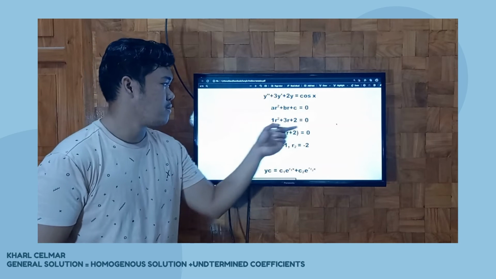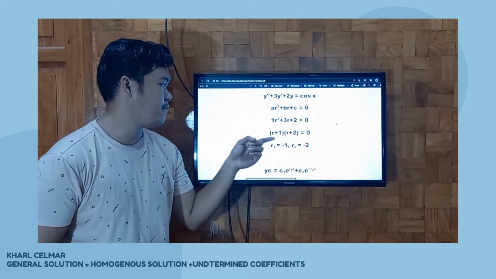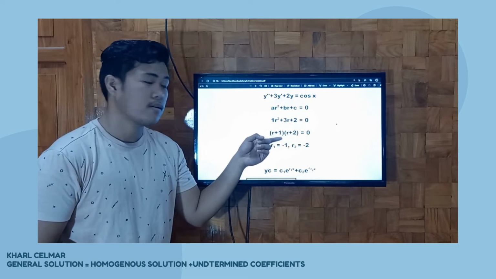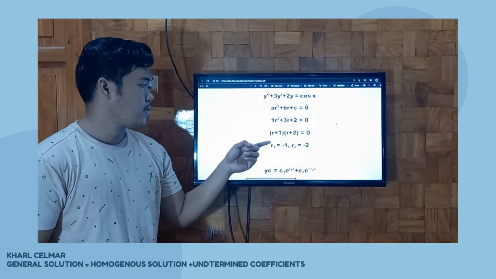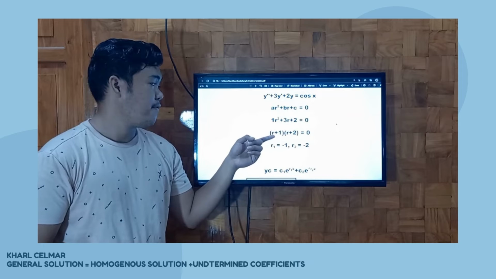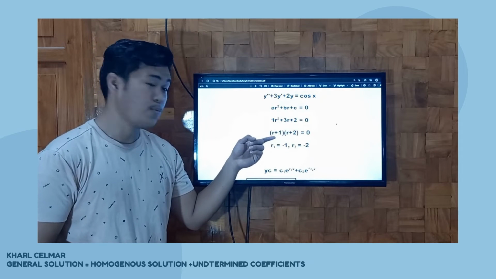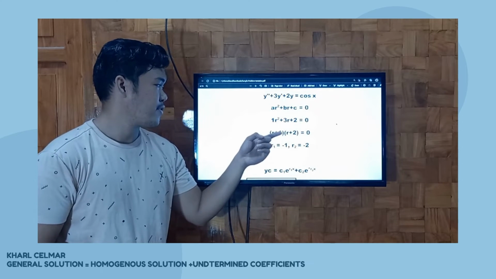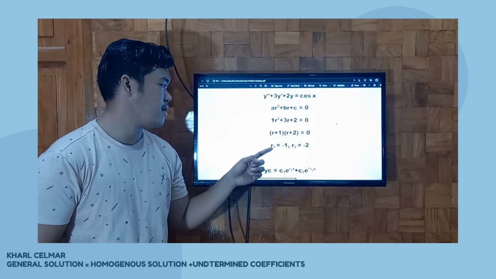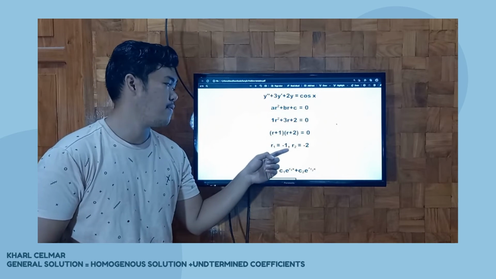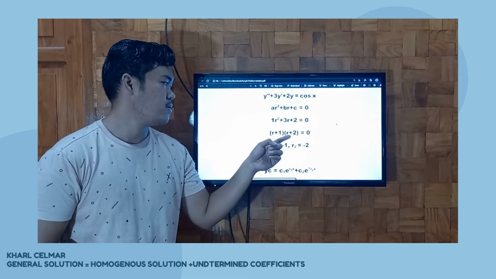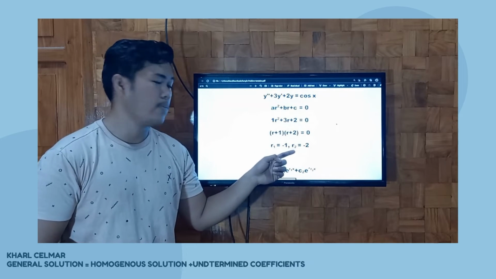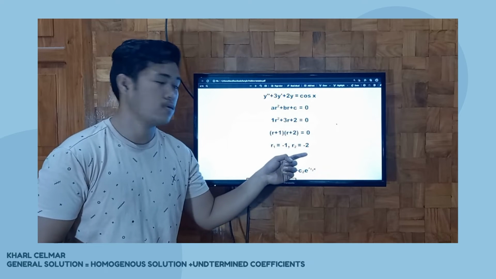We're going to factor this, so we have r plus 1 times r plus 2 is equal to 0. We find r sub 1 first: r1 is equal to negative 1. Then r sub 2 is equal to negative 2.